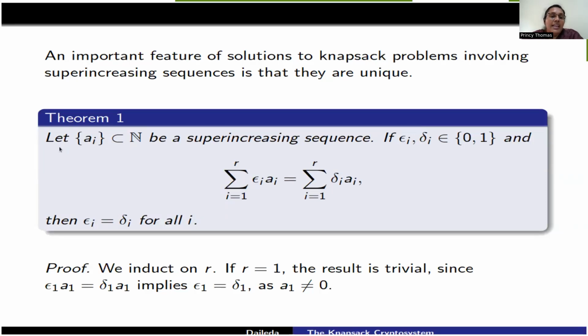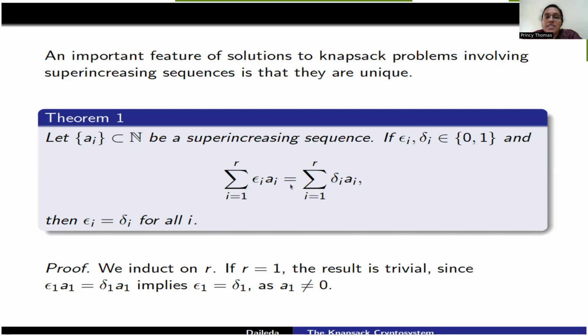So if this set A_i, a subset of N, is a super increasing sequence, and if there are epsilon_i and delta_i, which are both elements of 0 and 1, and the sum for i equal to 1 to r of epsilon_i A_i is equal to the sum for i equal to 1 to r of delta_i A_i, then delta_i and epsilon_i will be equal for all of the i's.